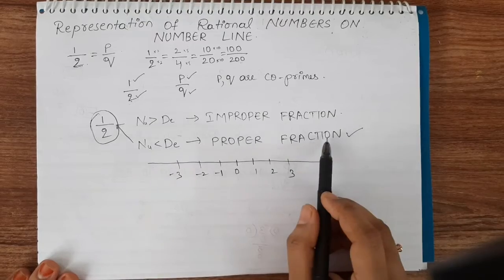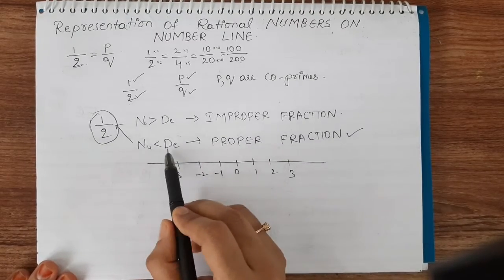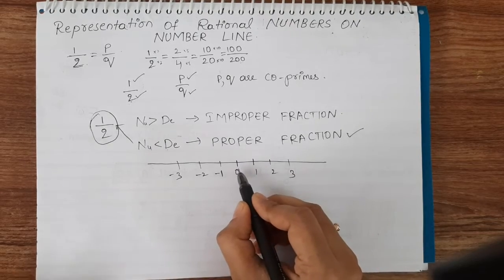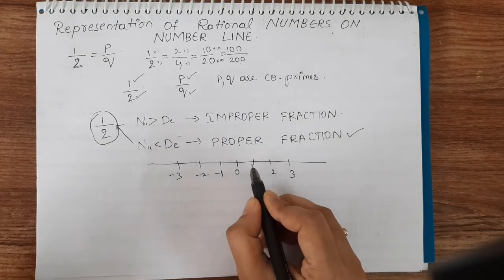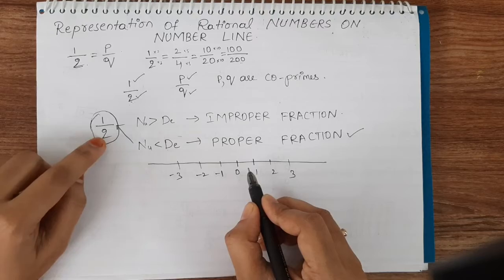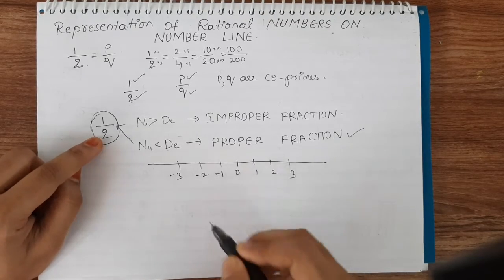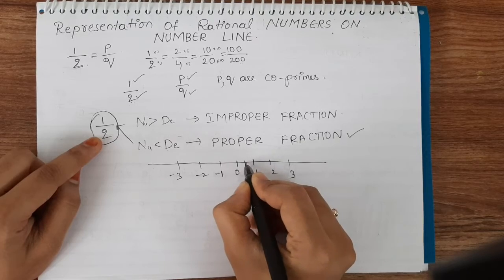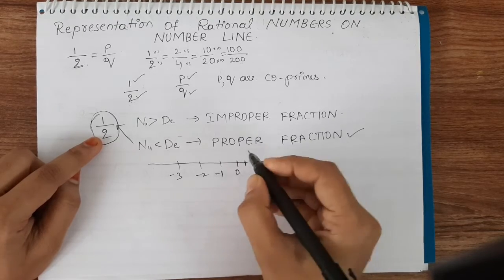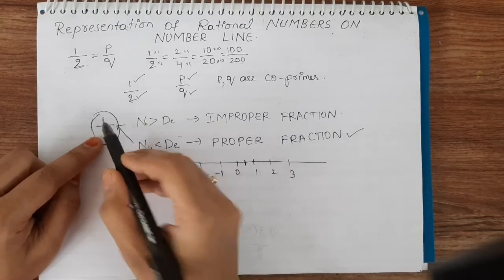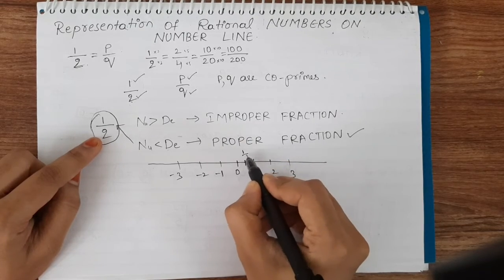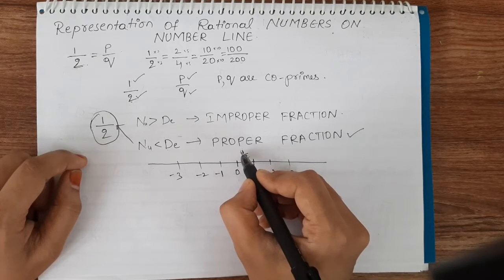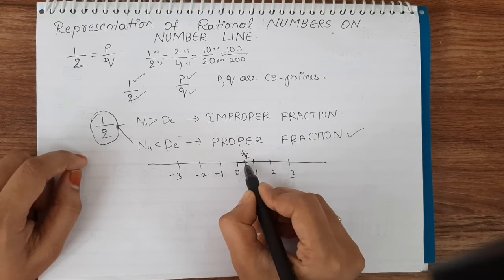For every proper fraction, for example 1 by 2, between 0 and 1 we'll make 2 equal divisions because the denominator here is 2. How to make 2 equal divisions? Put one line, then 1 division and 1 division. These are 2 equal divisions. 1 by 2 means this will be 1 by 2, because the numerator is 1, we'll take 1 division.